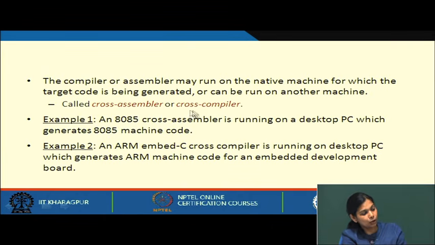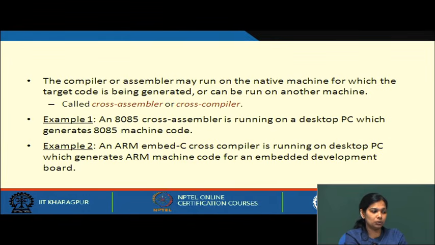Now, you can also have something called a cross assembler or cross compiler. What it does? The compiler or assembler may run on a native machine for which the target code is being generated, or can run on any other machine. That means, let us say, an example where you have an 8085 cross assembler which is running on your desktop machine, and it generates 8085 machine codes.